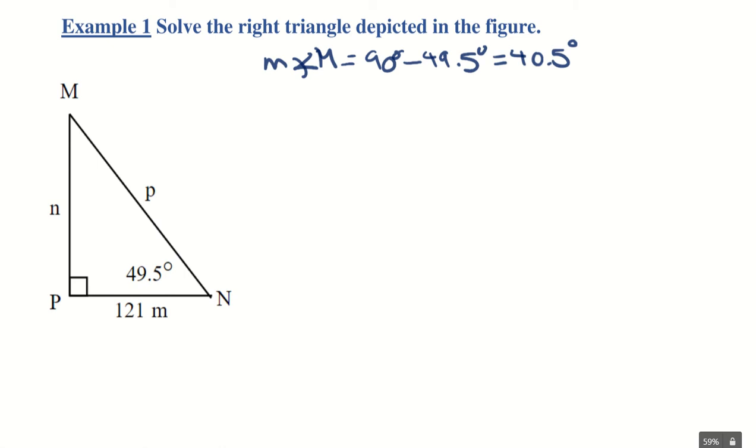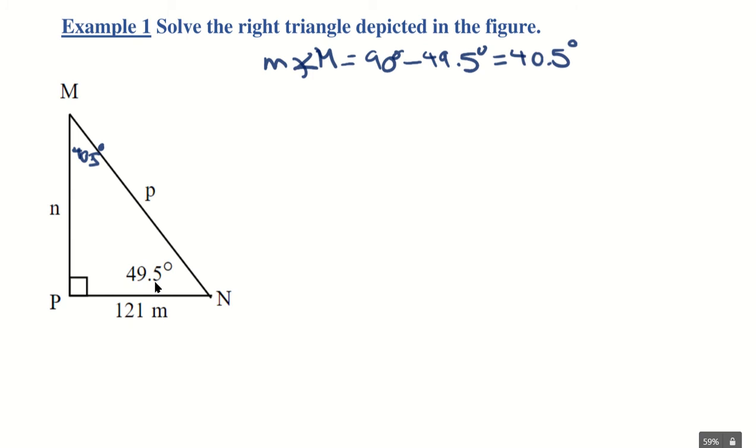All right, so we know the measure of angle M, so we have all 3 angles now. Now we need to work on finding the side labeled N and the side labeled P. I can use either angle M, which I now know is 40.5 degrees, or angle N to get either of those sides.